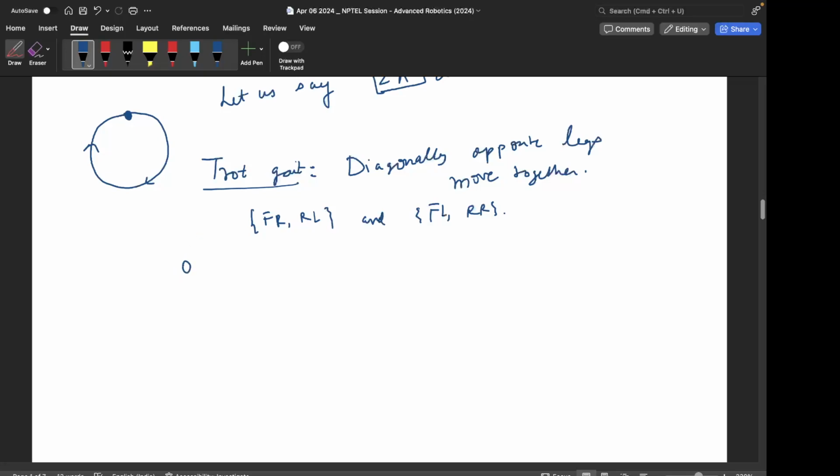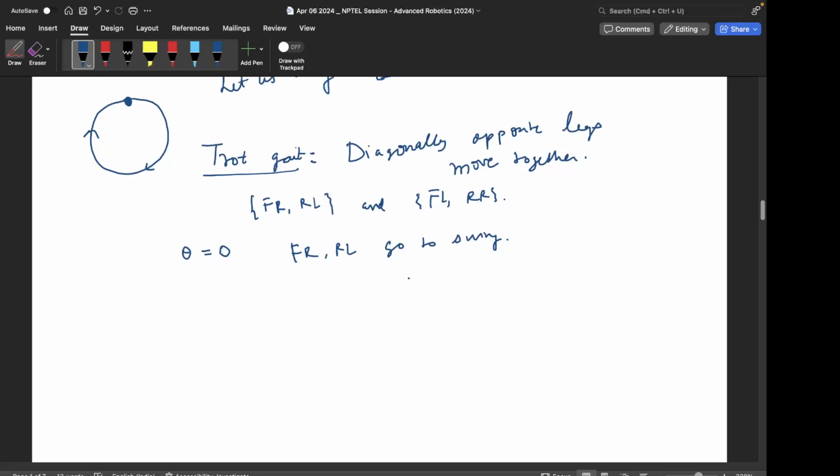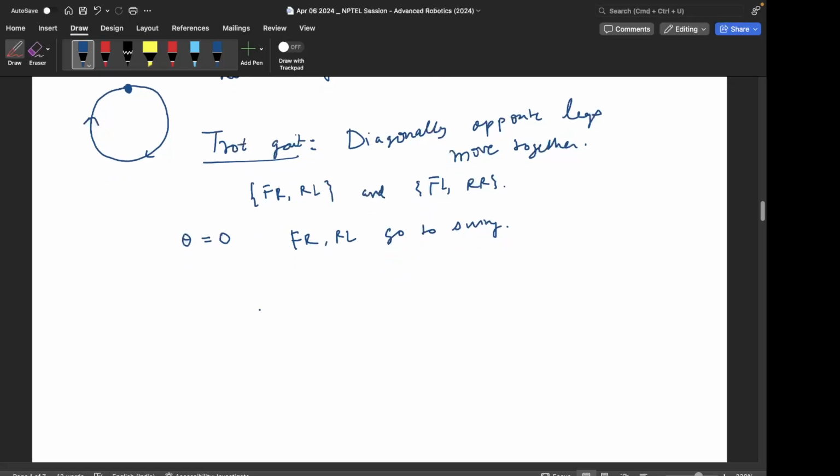Let's say at theta equal to 0, theta is the phase, FR and RL go to swing.